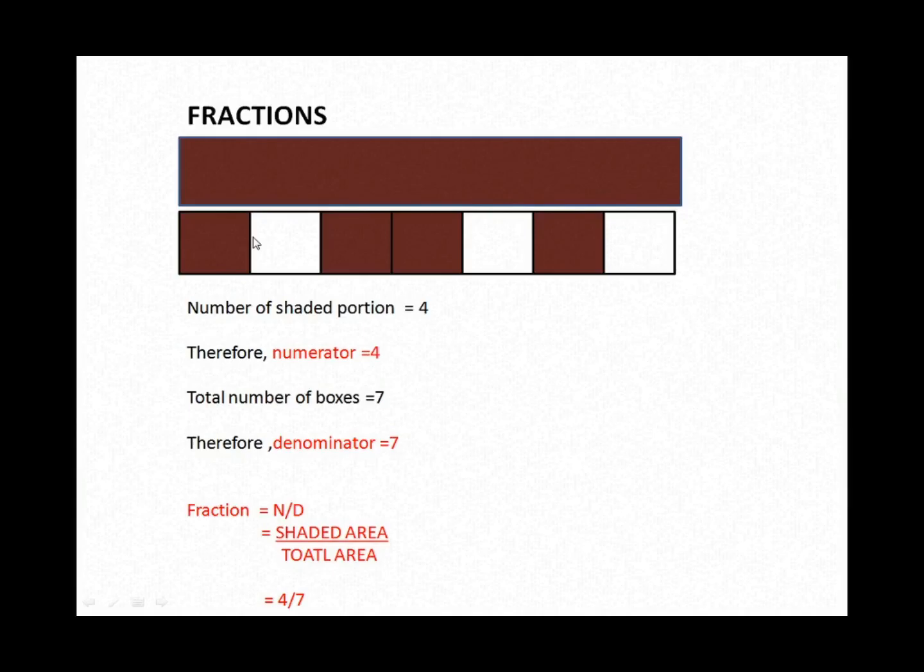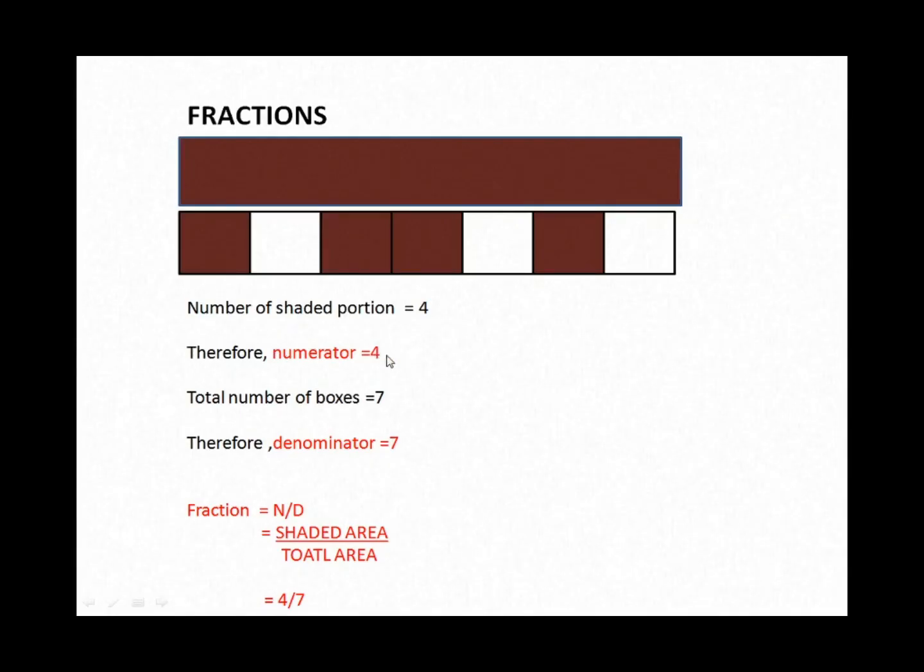So the number of shaded portions, count 1, 2, 3, 4. And the total number of divisions, count 1, 2, 3, 4, 5, 6, 7. So what is the fraction of shaded portion to the total area?